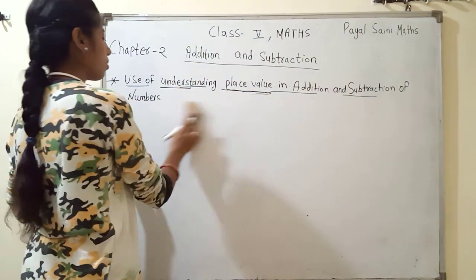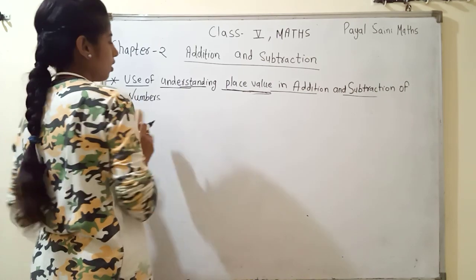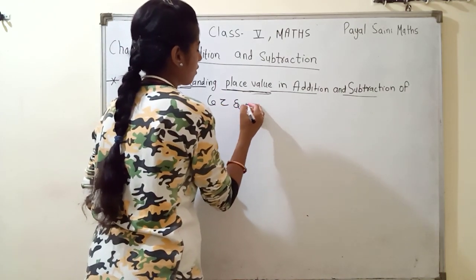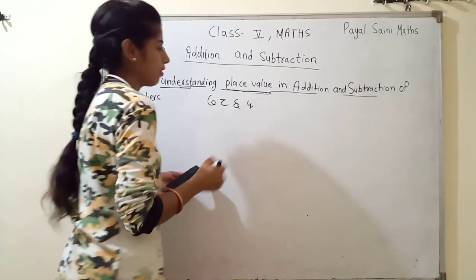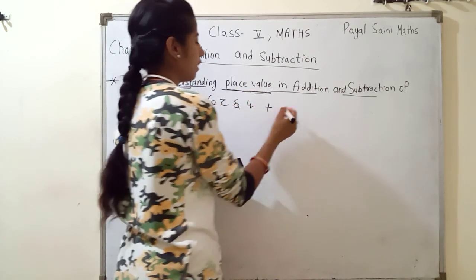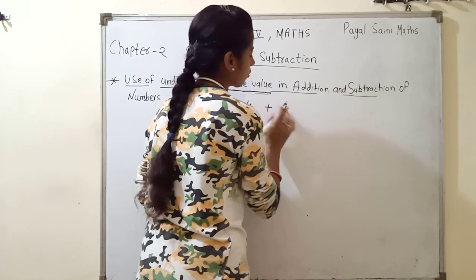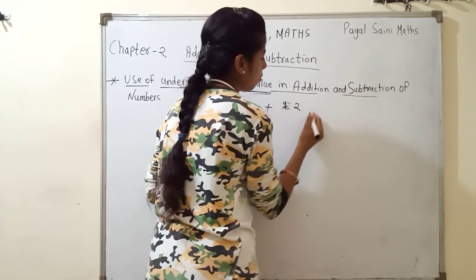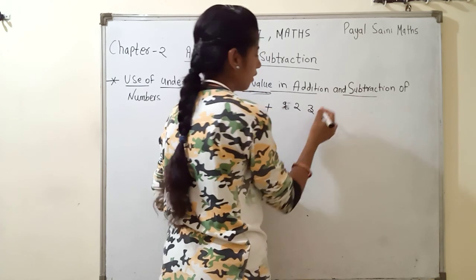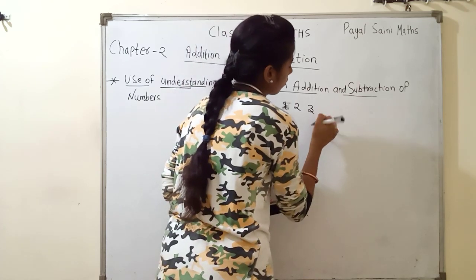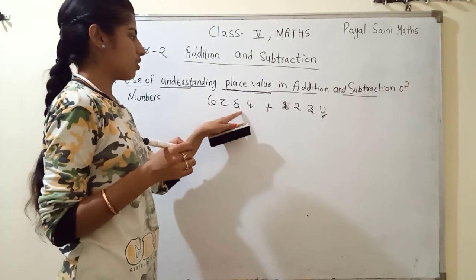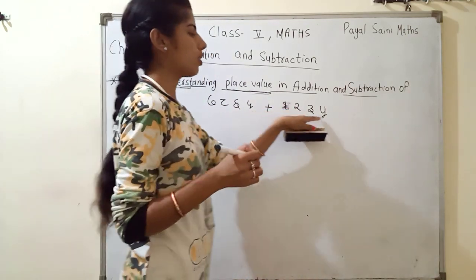From Devanagari numbers, if I write here 7, 8, 6, 5 plus 1, 2, 3 and 5. Add 7, 8, 6, 5 plus 1, 2, 3 and 5.